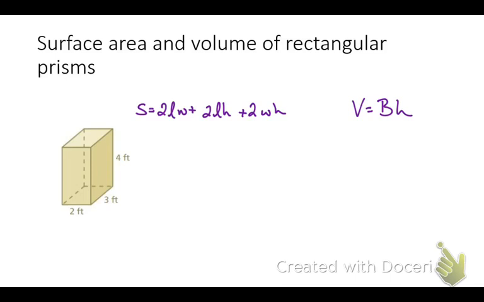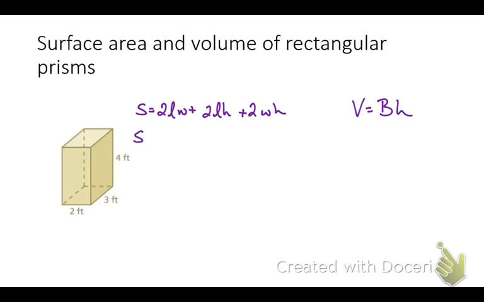As long as you pick the same dimension for length, then it's okay which one you pick. So if you picked 2 for your length, as long as you plugged in 2 everywhere length goes, you'll still get the right answer. I would say that 2 is my width, 3 is my length, and 4 is my height. But again, as long as you pick the same number for that dimension, then you'll still get it.